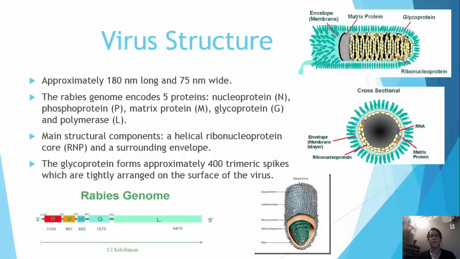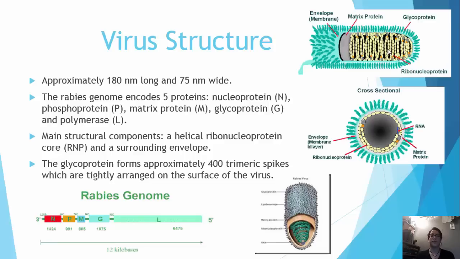The structure of the virus: it's approximately 180 nanometers long and 75 nanometers wide. The genome encodes 4 or 5 proteins: nucleoprotein, phosphoprotein, matrix protein, glycoprotein, and polymerase. There are 2 main structural components, a helical ribonucleoprotein core and the surrounding envelope.